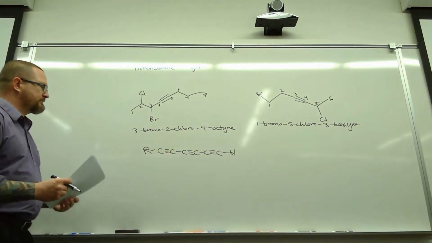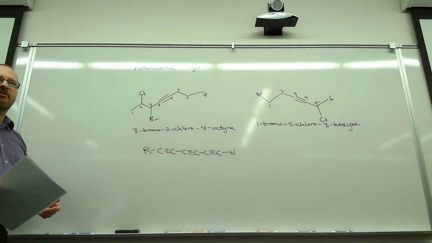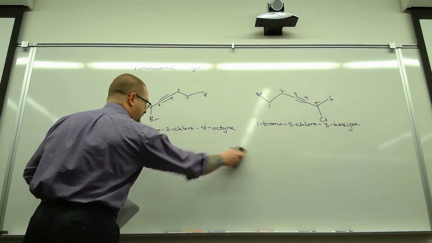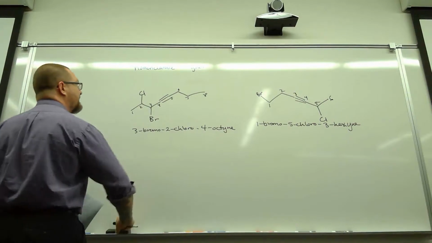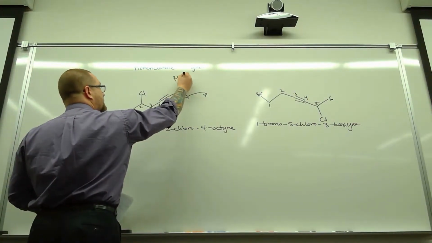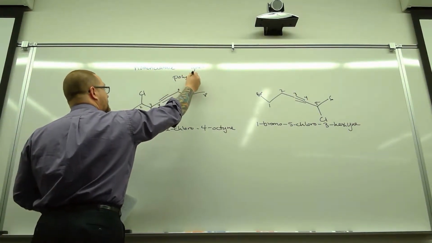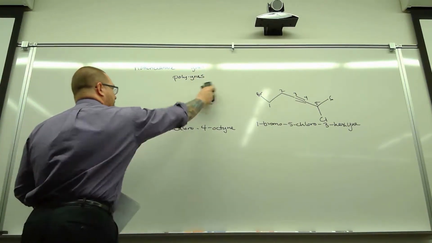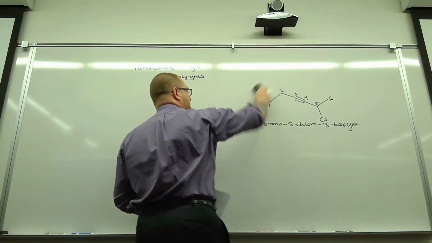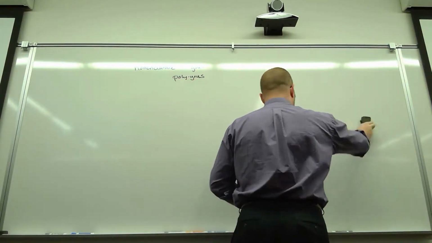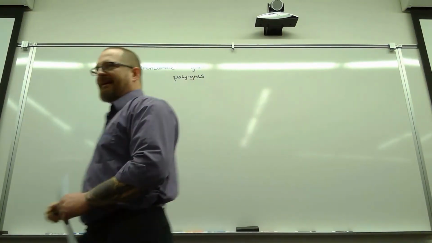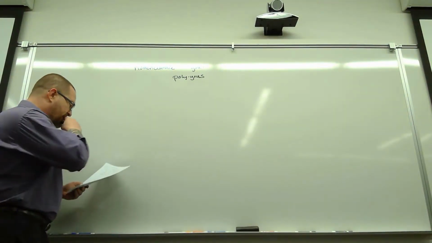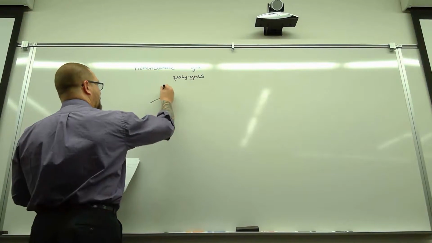It's not like double bonds where you can have a carbon with a pair of double bonds on both sides. So yes, these are all a class of polyynes, and it's just like polyenes, except that it's diyne, triyne, etc.